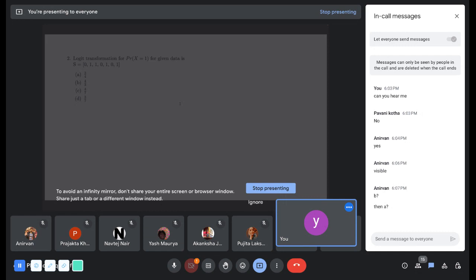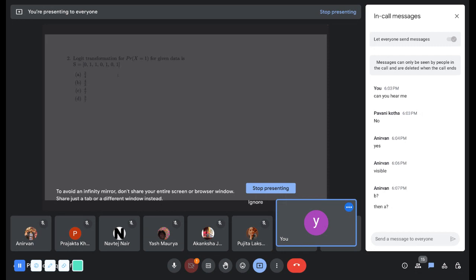So we want the logit transformation for the probability that x takes a value 1 for a given data. There is a typo here, but that should be okay. Here we have four ones and three zeros.